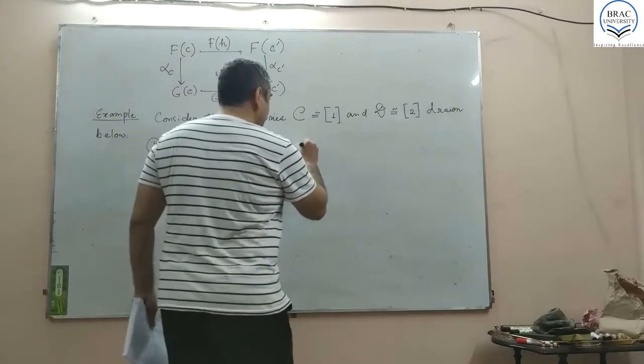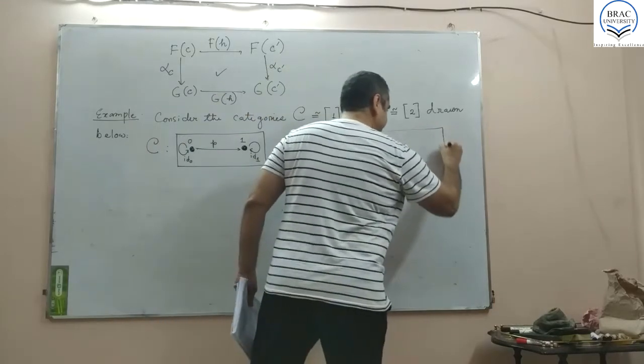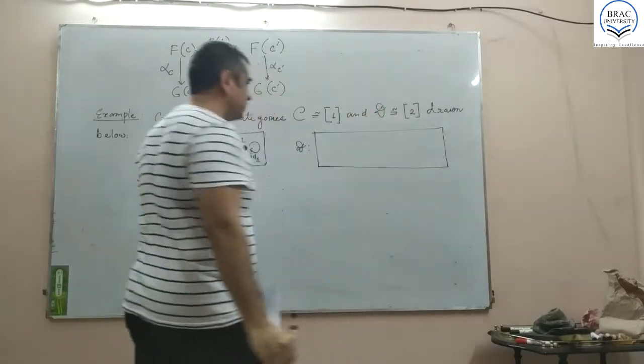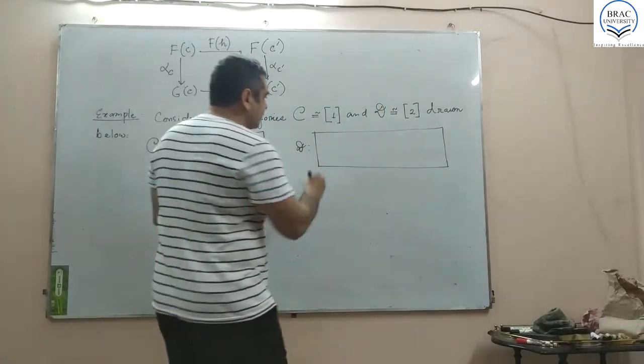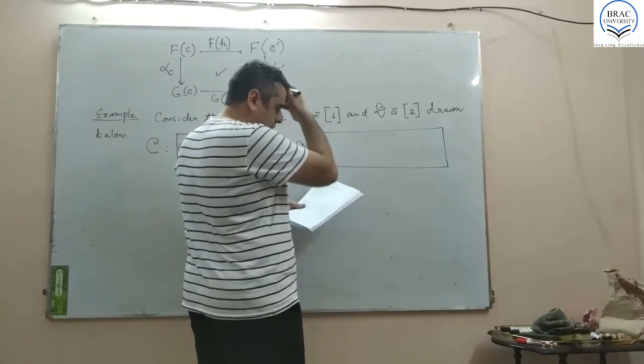Now we have another category, a graph with three vertices.